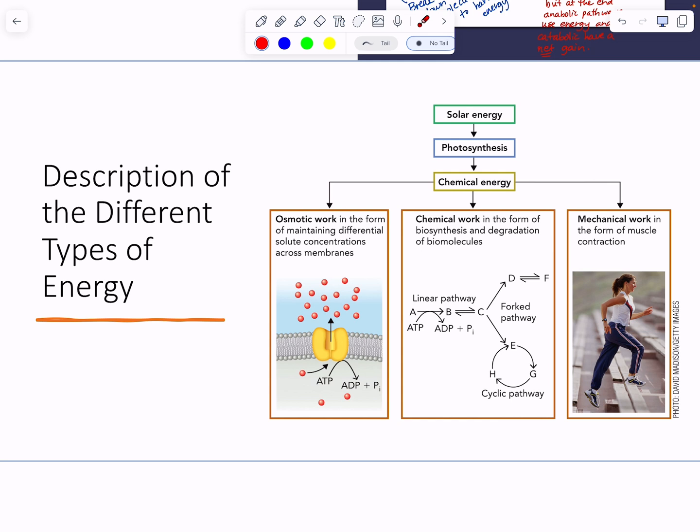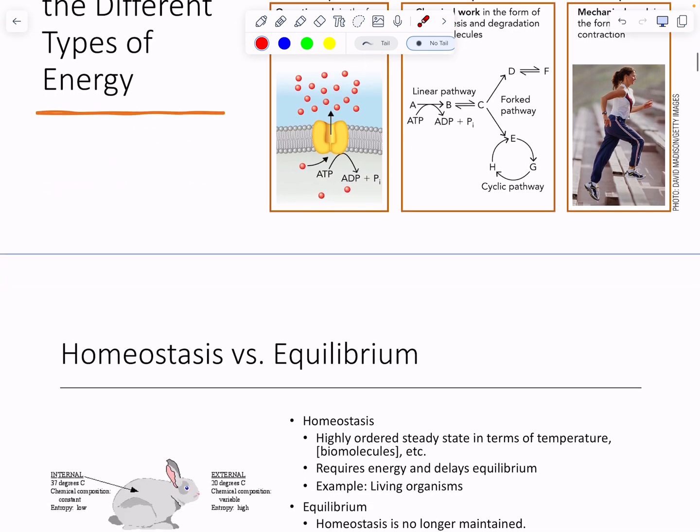And then chemical work, again, along our pathways, some of those reactions might need ATP, and some of them won't. Some of them can just go on concentration. And then mechanical work, that's our muscle contraction.